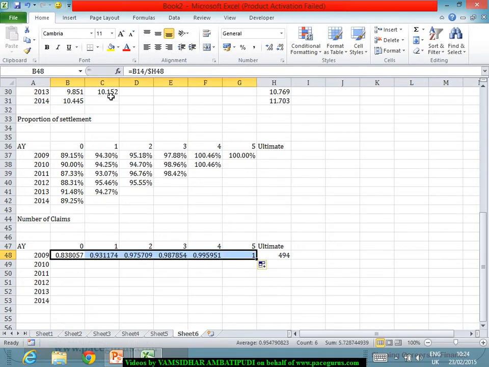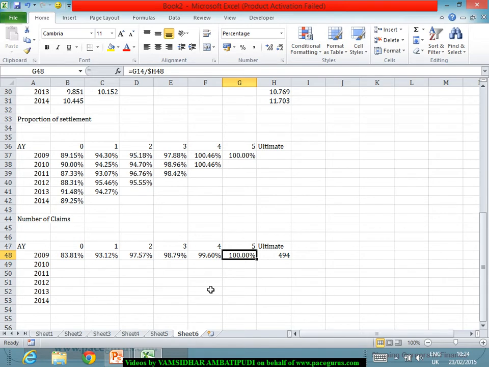So now we can get into a similar process for the claims. 83.81 of them got settled in the first year, 93.12 at the end of the first year, 97.57 at the end of the second, like that, 100 at the end of third.